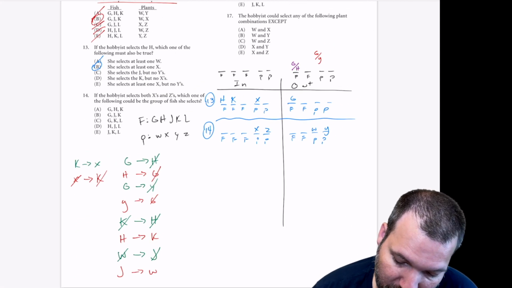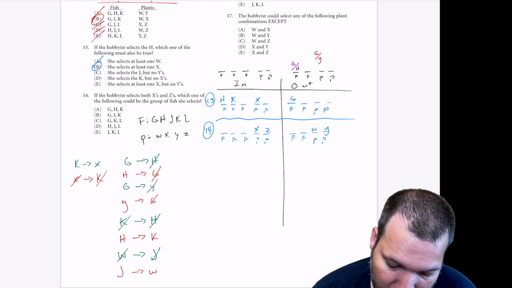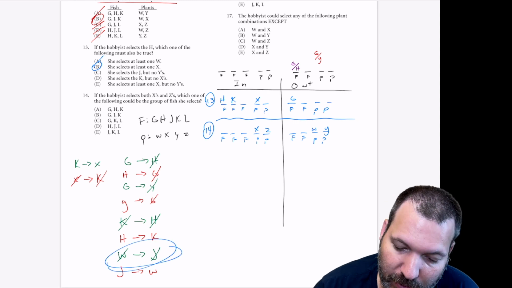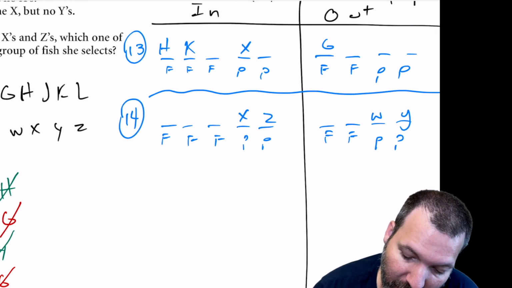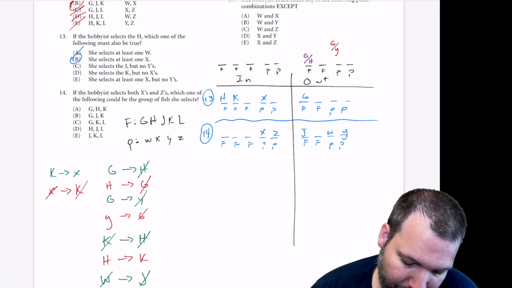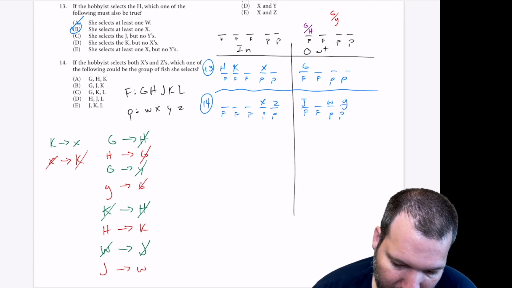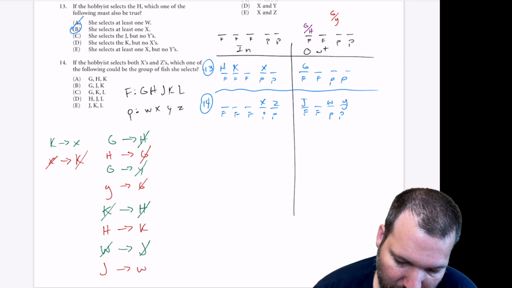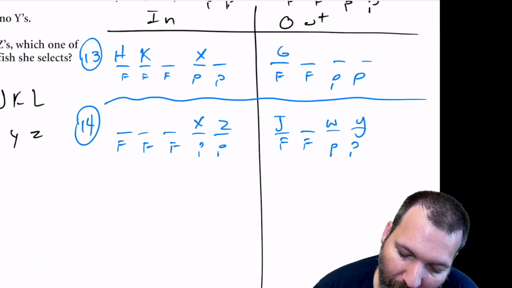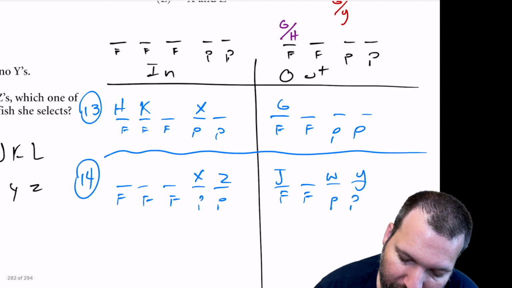And now we can say if W is on the outside, J has to be on the outside, right? So J has to go out here. And then it doesn't say anything about Z. So I think, if G is in, H is out. Oh, actually, that's our placeholder, right? Yeah, very good.